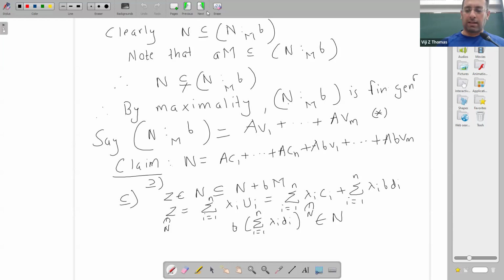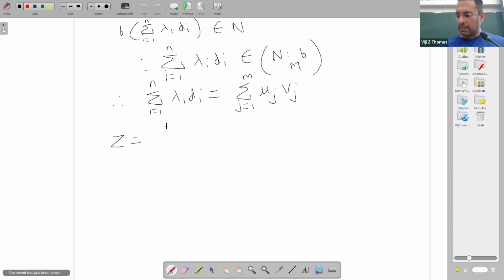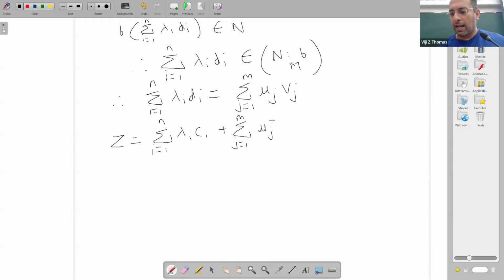So that's what we will just replace in here. That's all we are doing. So this is nothing but summation i equal to 1 to n lambda i c_i plus summation j equal to 1 to m nu_j b v_j. Okay, so it is nu_j v_j times b.